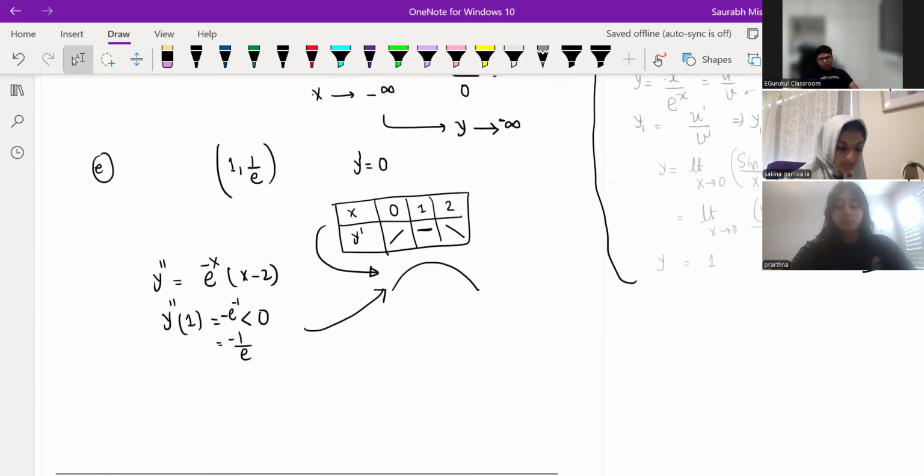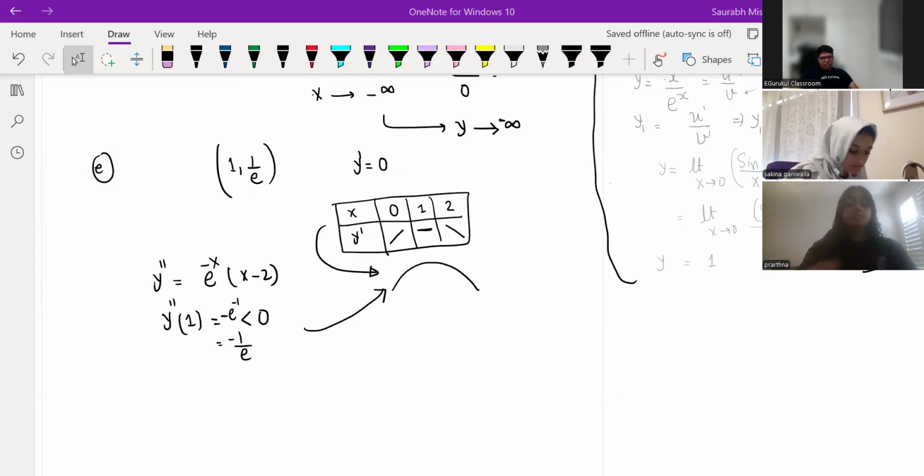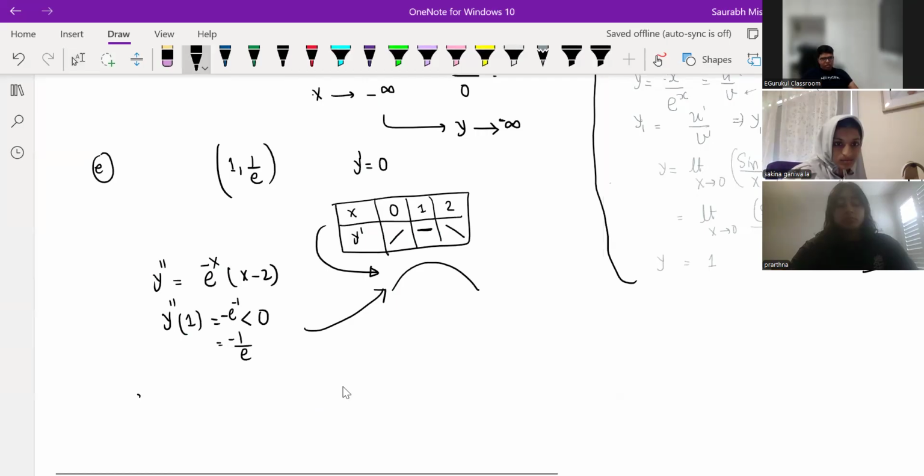Clear, Radha? Done? Any question? No, sir. F part. We need to see the concavity. So let's see where y double prime is 0. Y double prime is equal to 0 at x is equal to 2.